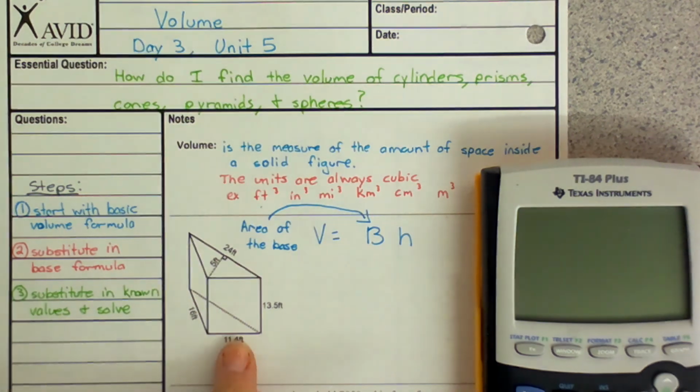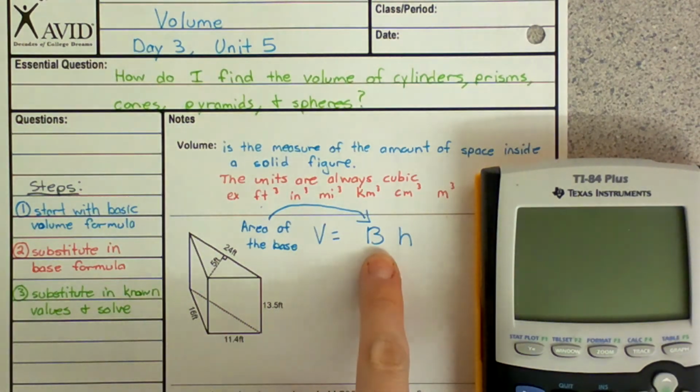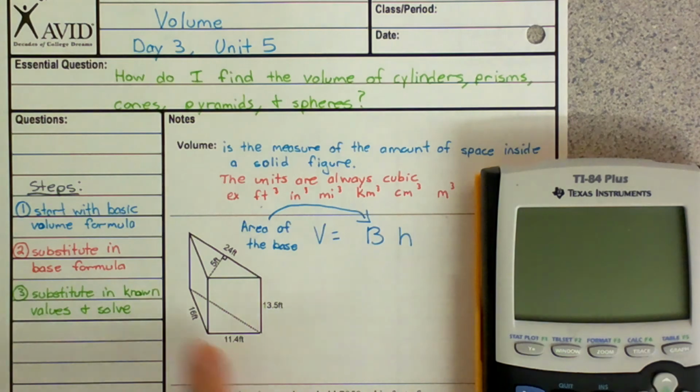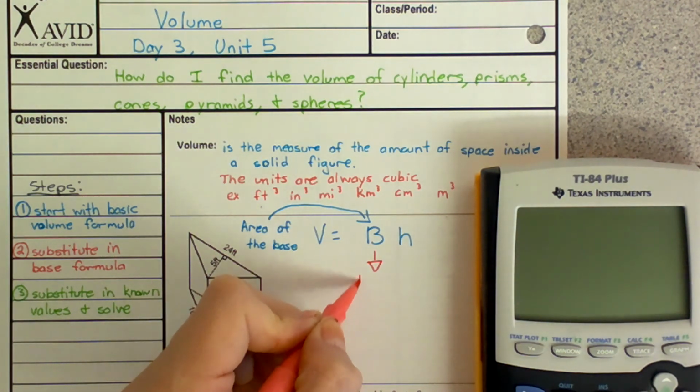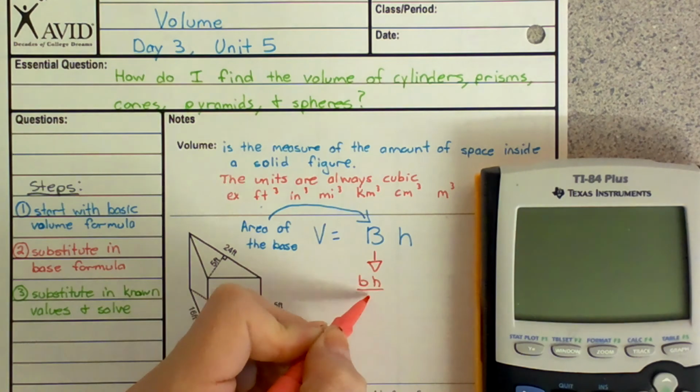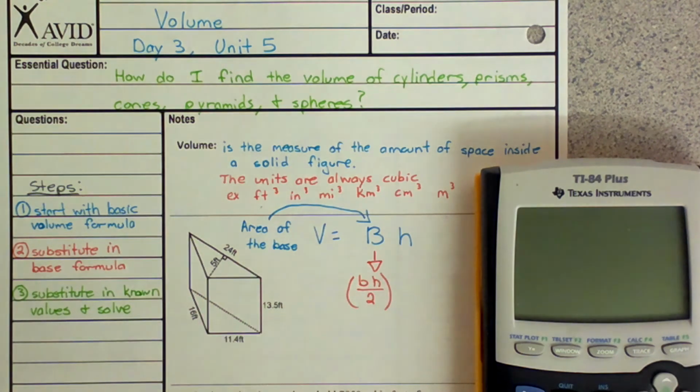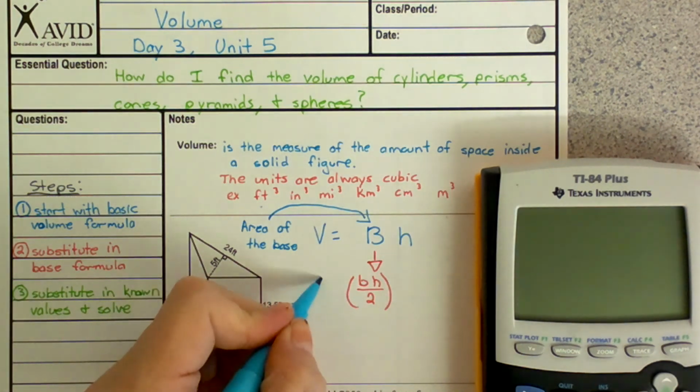When I look at this triangular prism, the base is a triangle. So step 2, I'm going to substitute in the base formula. The base is a triangle, and my formula for that is base times height divided by 2. I'm going to use that to find my volume.